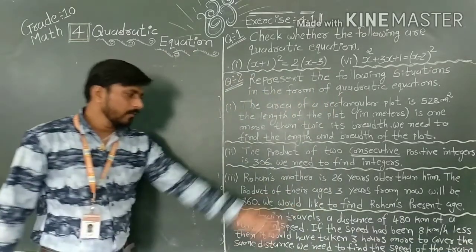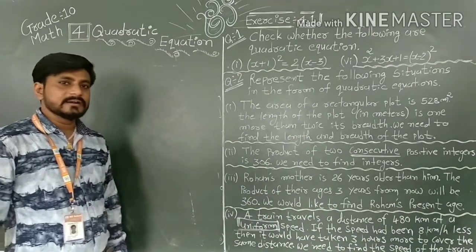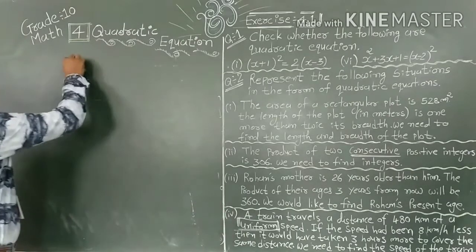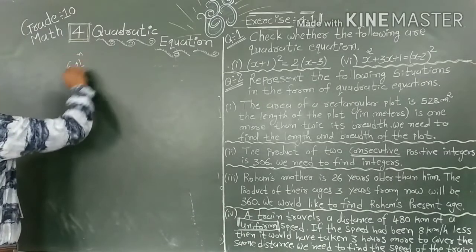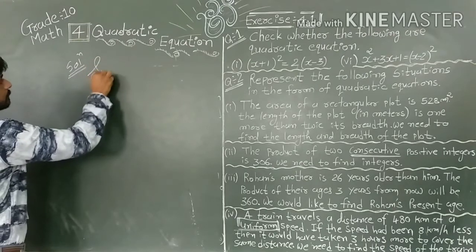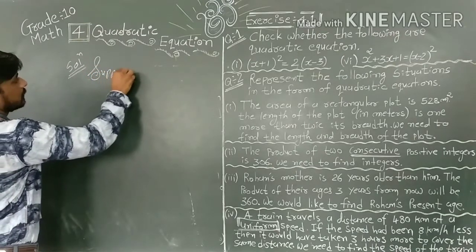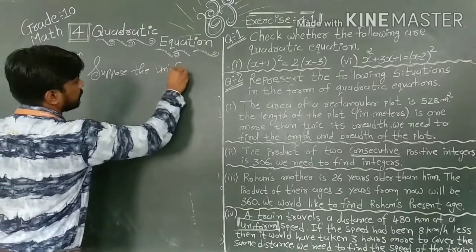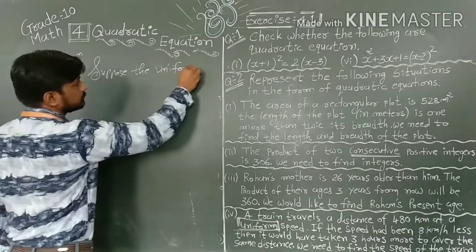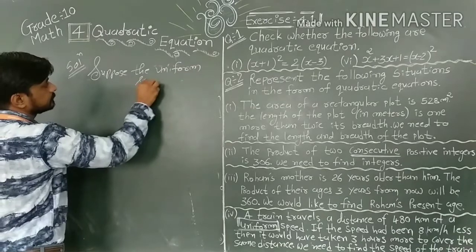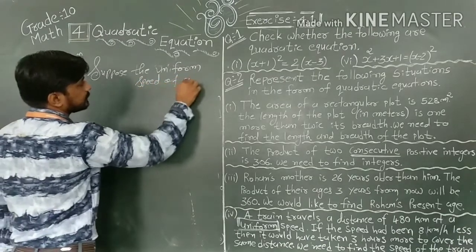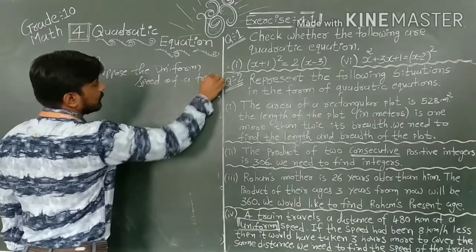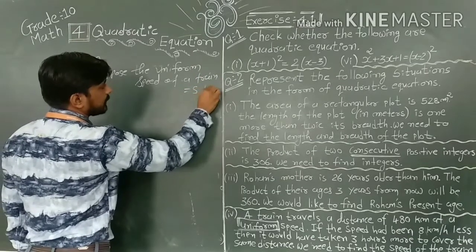Here we want to find the speed of a train. So I let the speed be: solution. Suppose the uniform speed of a train is equal to s kilometer per hour.